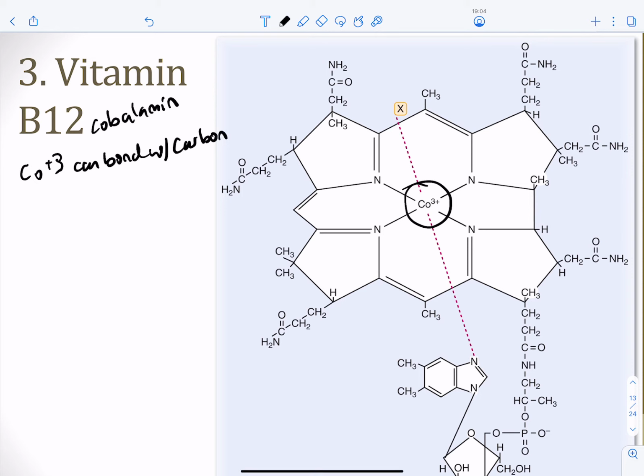In the body, it's going to react with the carbon of a methyl group, which forms methylcobalamin.